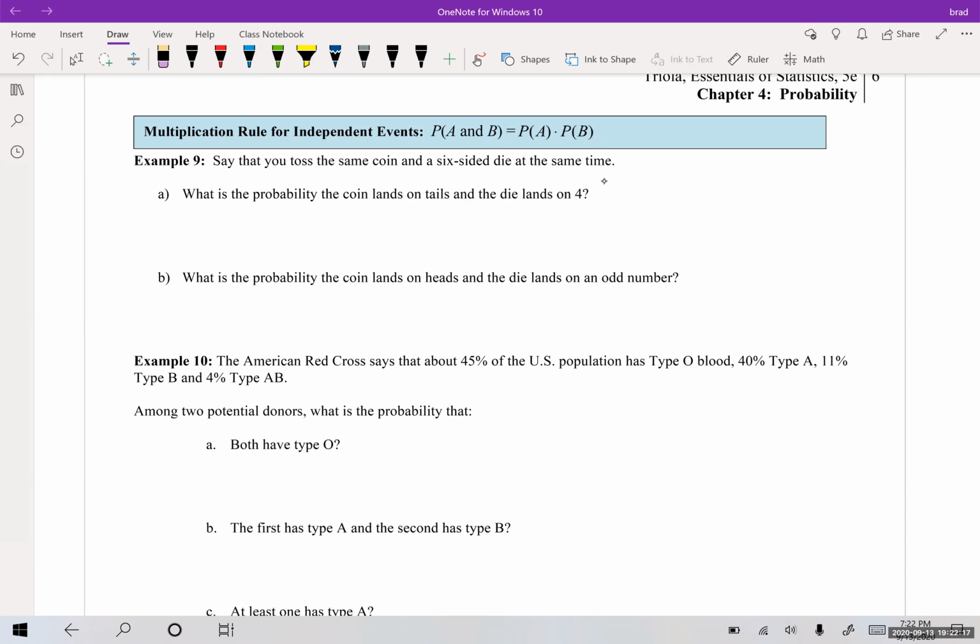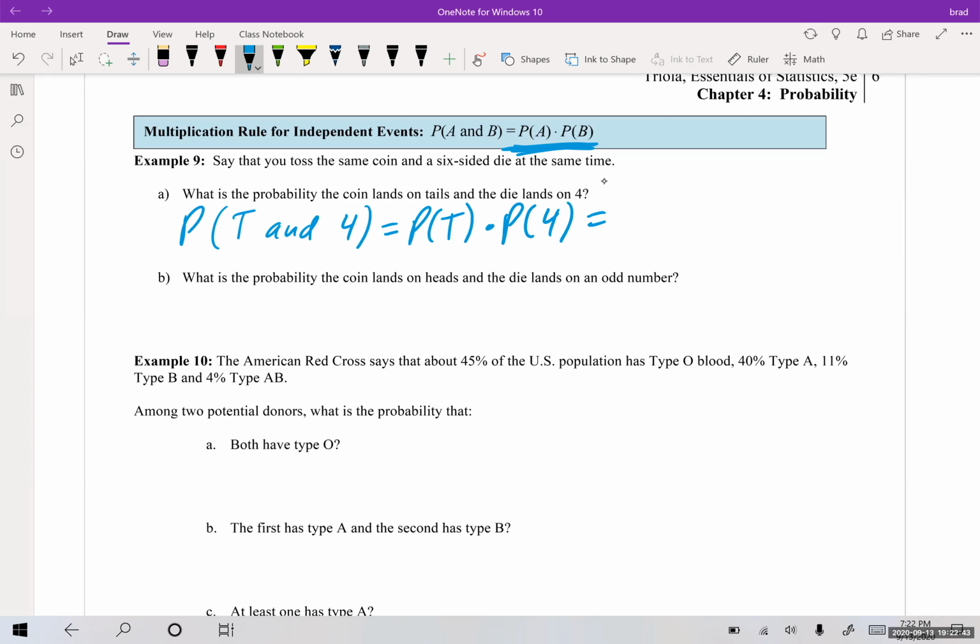Say that you toss the same coin and a 6-sided die at the same time. What is the probability the coin lands on tails and the die lands on a 4? So we're going to say the probability that we land on tails, and I'm just going to use T for tails, and a 4. I'm going to use my formula right here: probability of event A, probability of tails, times probability of getting a 4.